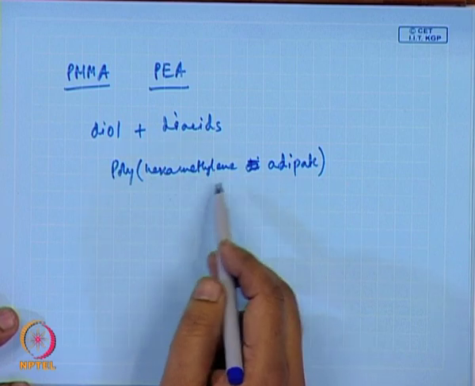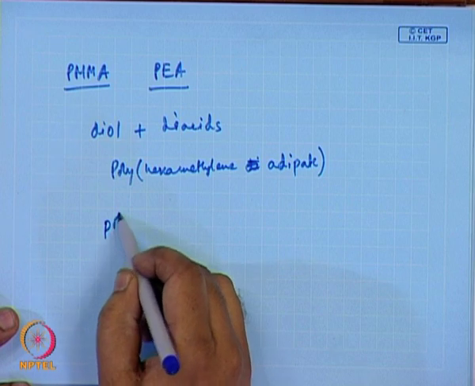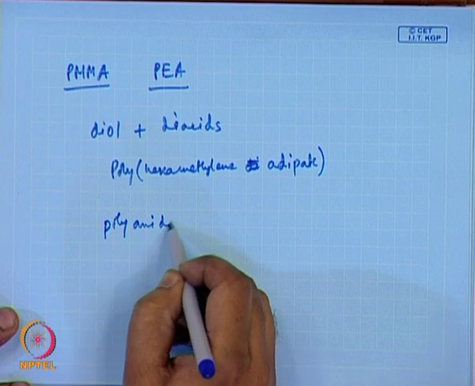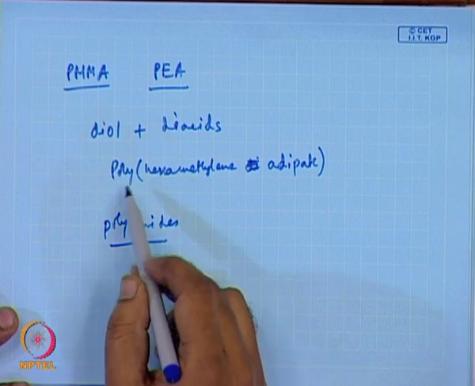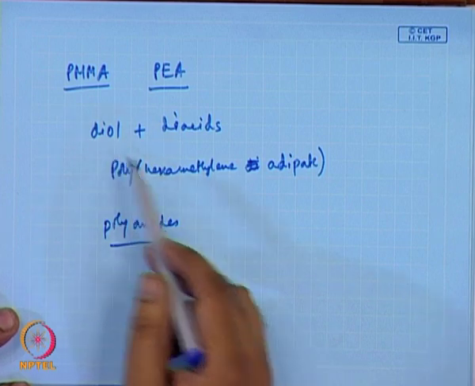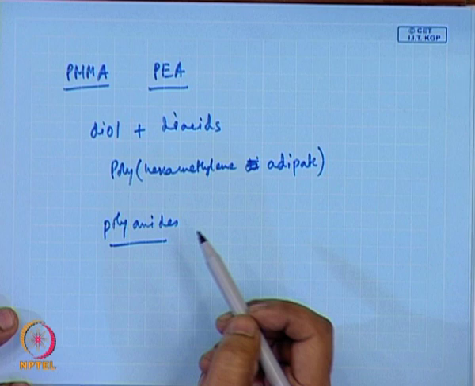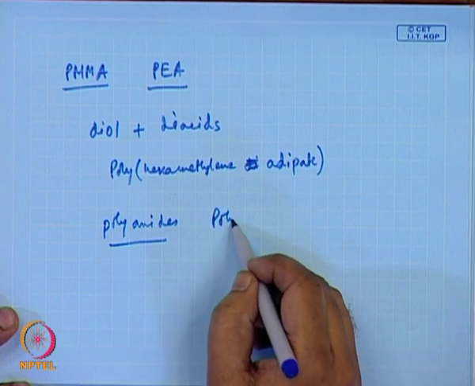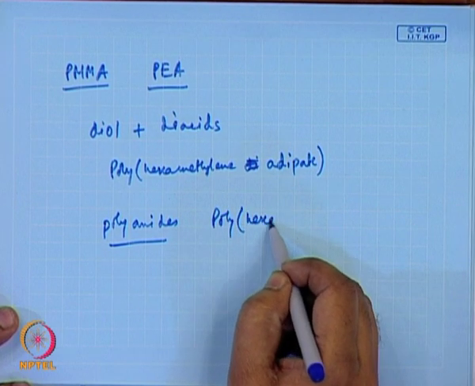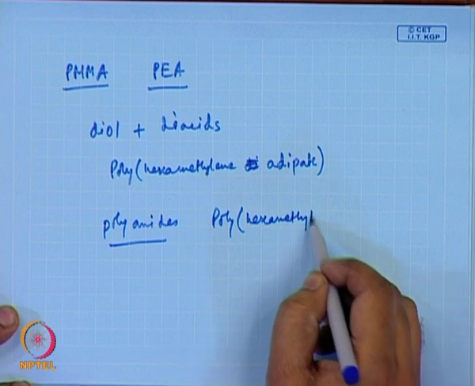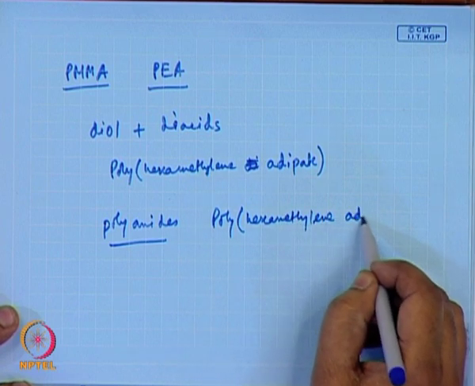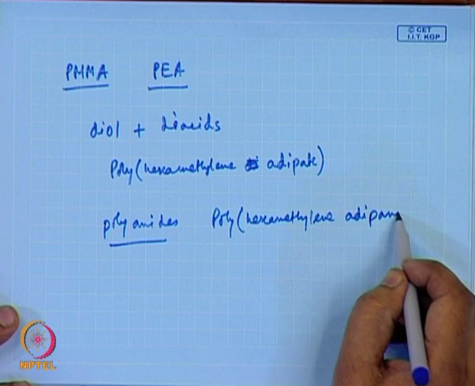We also can form similar condensation polymers like polyamides. Now, if instead of diol we use hexane diamine and use that adipic acid, we will get polyhexamethylene adipamide.